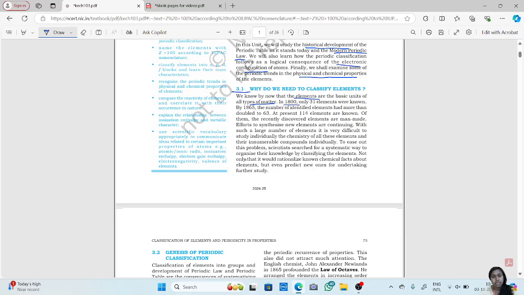Now in the 18th century, only 31 elements were known. By 1865, the number of identified elements had more than doubled to 63. So in the 18th century it was only 31 elements which were known, but as time progressed, in 1865 there were 63 elements discovered, which is double the original amount.